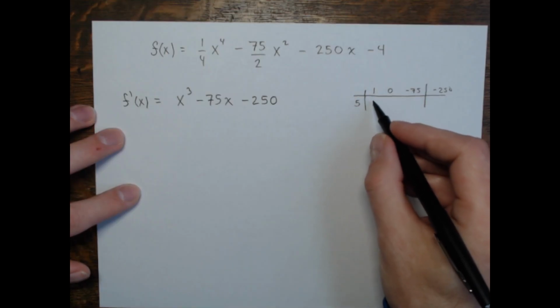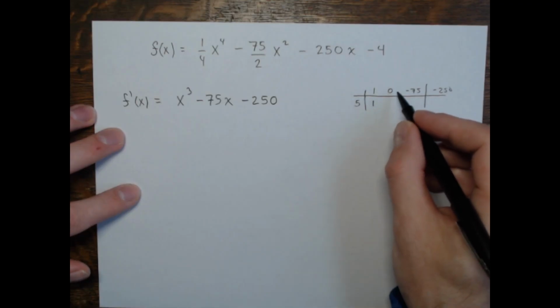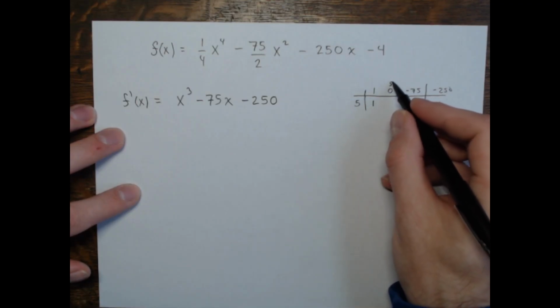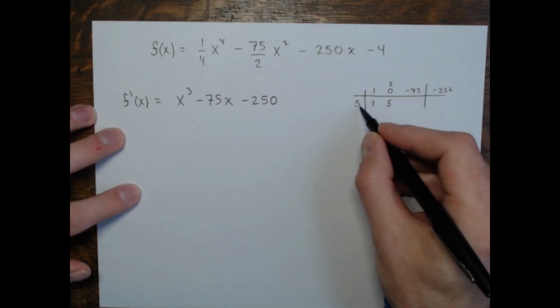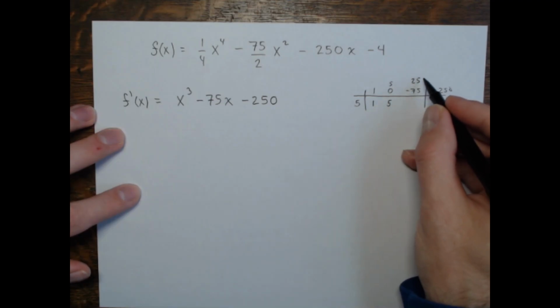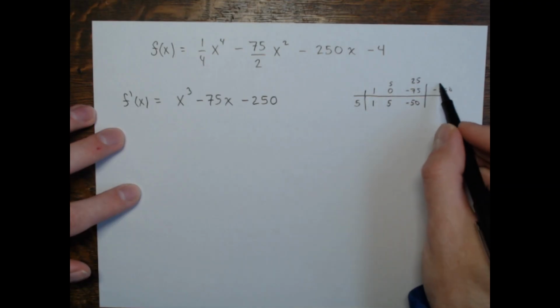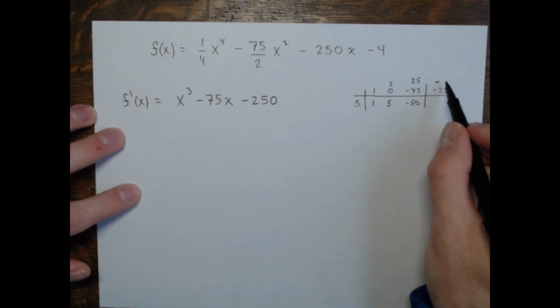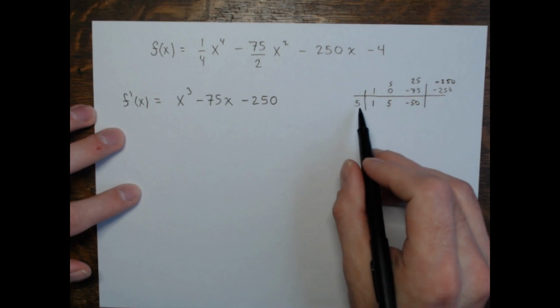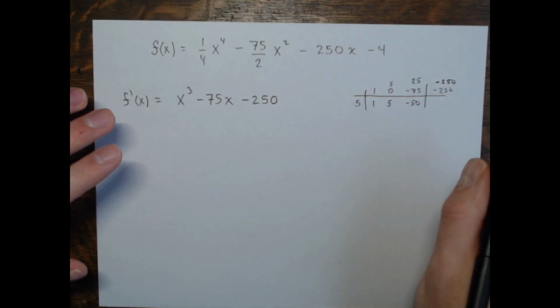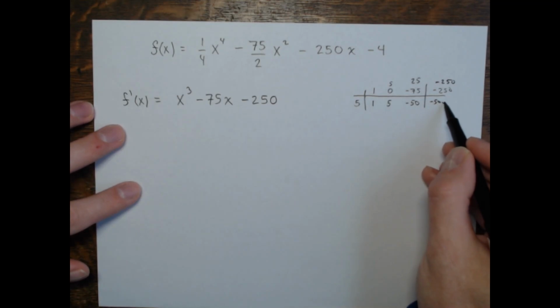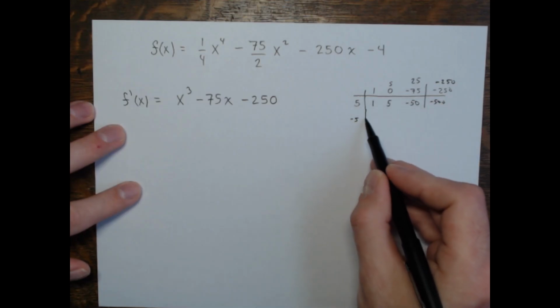So remember how this works, you drop the lead coefficient, then multiply, add, right? 5 times 1 is 5, plus 0 is 5. 5 times 5 is 25, plus negative 75 would be negative 50, and then 5 times negative 50, so it's not positive 5. Positive 5 doesn't work, because that'd be negative 500, so it must be negative 5.